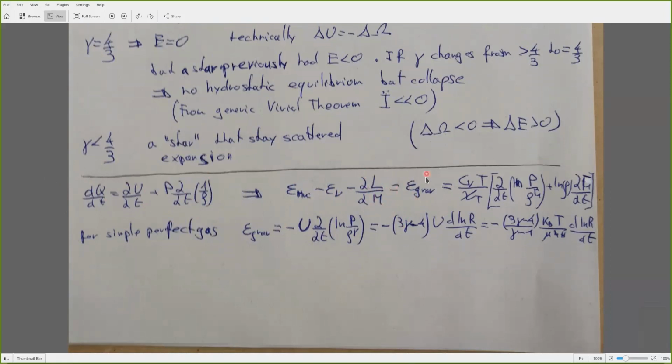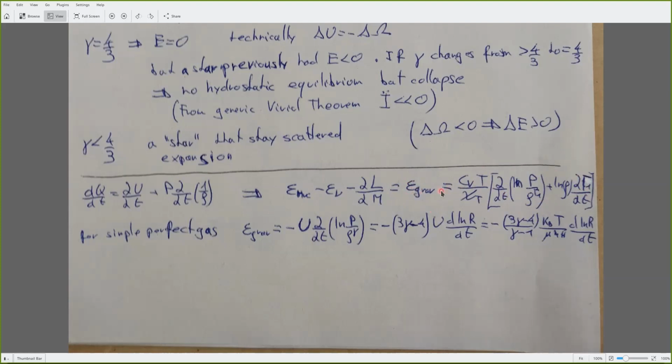We consider it should be 0, but actually, considering also the contraction, it can have a certain value, these ugly things here, that is the rate of energy production by gravity with the contraction.